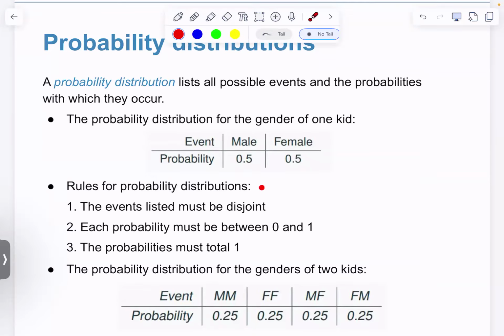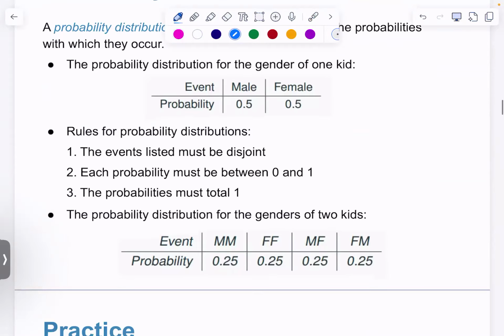There are some rules for probability distributions, right? And often on test 1, I'll have a question asking, is this a valid probability distribution? And so that means you have to check these 3 things, right? And if they're satisfied, it's a valid probability distribution.